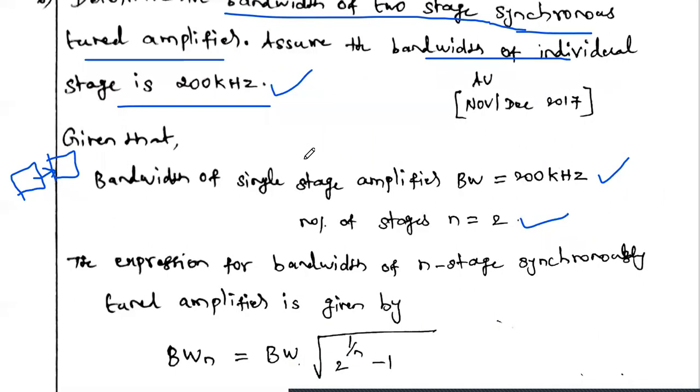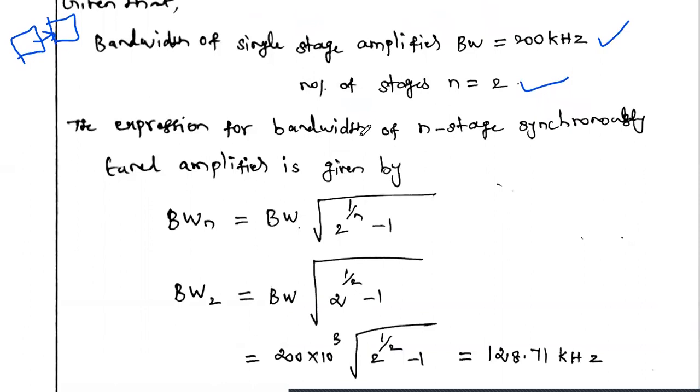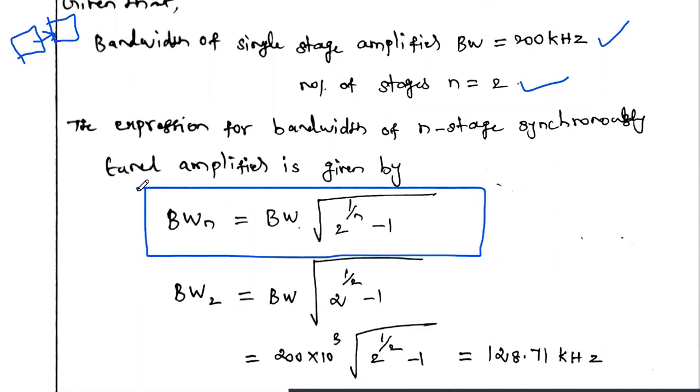Now we have to find the bandwidth of the two-stage synchronous tuned amplifier. You already know the formula for the bandwidth of an n-stage synchronously tuned amplifier. If n stages are connected in cascade, the overall bandwidth is the bandwidth of one stage, BW1, into square root of 2 to the power 1 by n minus 1.